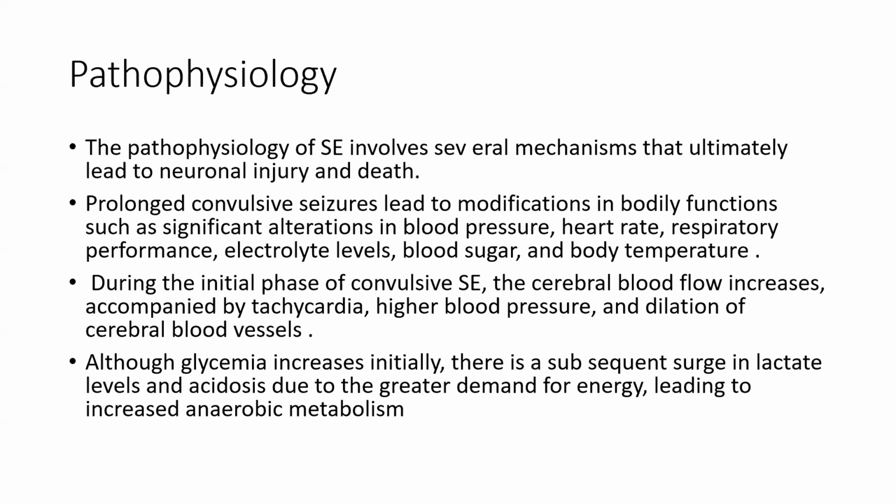During the initial phase of convulsive status epilepticus, the cerebral blood flow increases, accompanied by tachycardia, high blood pressure, and dilatation of cerebral blood vessels. Although glycemia increases initially, there is a subsequent surge in the lactate level and acidosis due to greater demand for energy, leading to increased anaerobic metabolism.